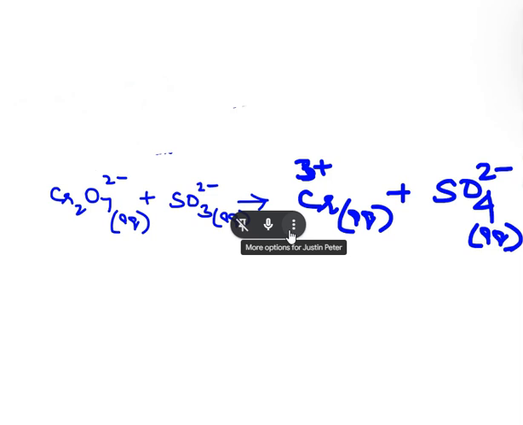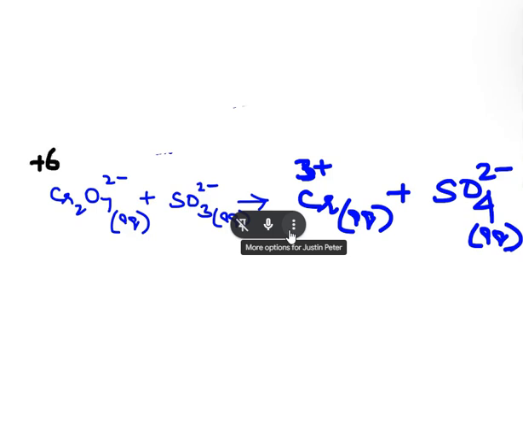Now, what was the second step we saw? Assign the oxidation states to each element. What is the oxidation state for chromium going to be? +6.